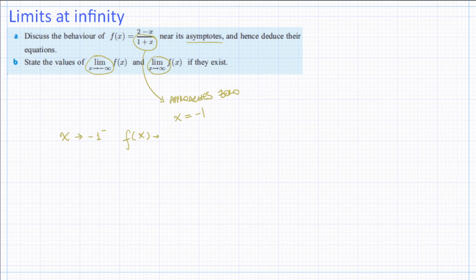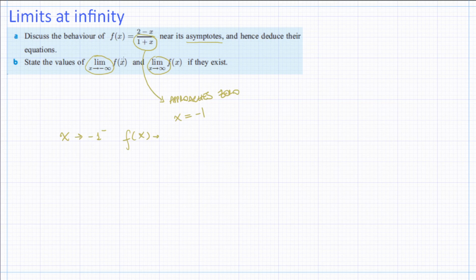So it's 3 divided by a very, very small number. Since our number is more negative than negative 1, the values down here will be negative. And the values up here will always be positive, right? Because it doesn't matter if I'm approaching from the left or right, 2 minus minus 1 will always approach 3 in both occasions.